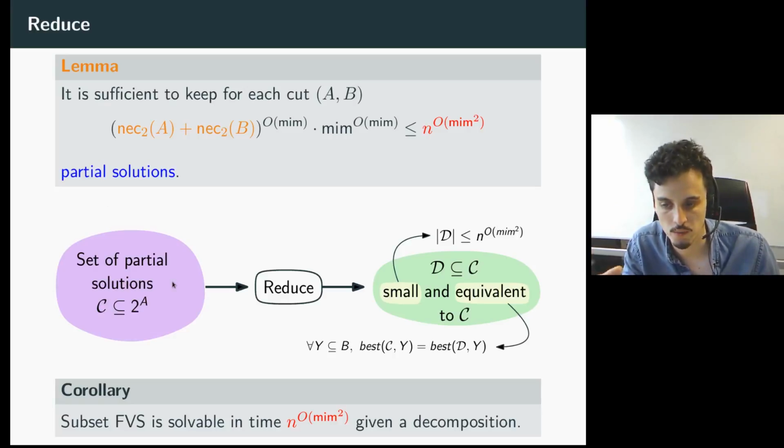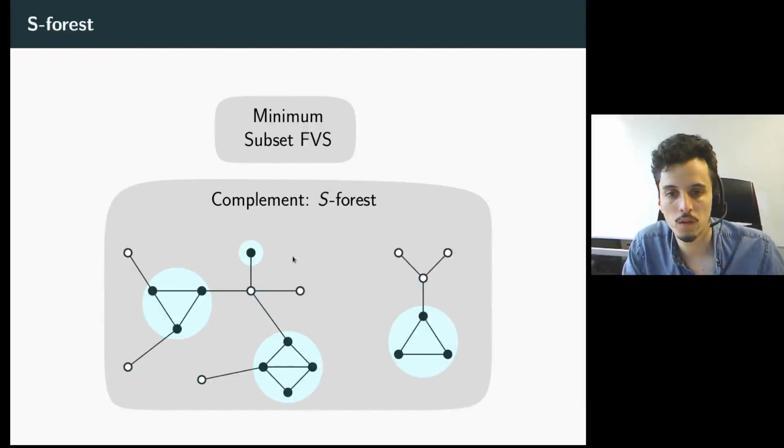So you have freshly computed this set of partial solutions, and we call it C. And there exists an algorithm that outputs a subset of C, D, such that the size of D is small, upper bounded by this, and D is equivalent to C. And equivalent here means that for every Y in B, the best solution we get from C and Y has the same weight as the best solution we can get from D and Y.